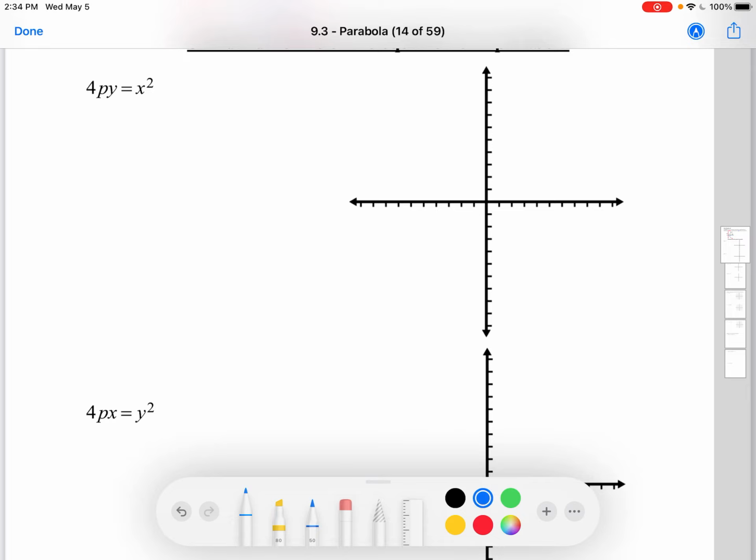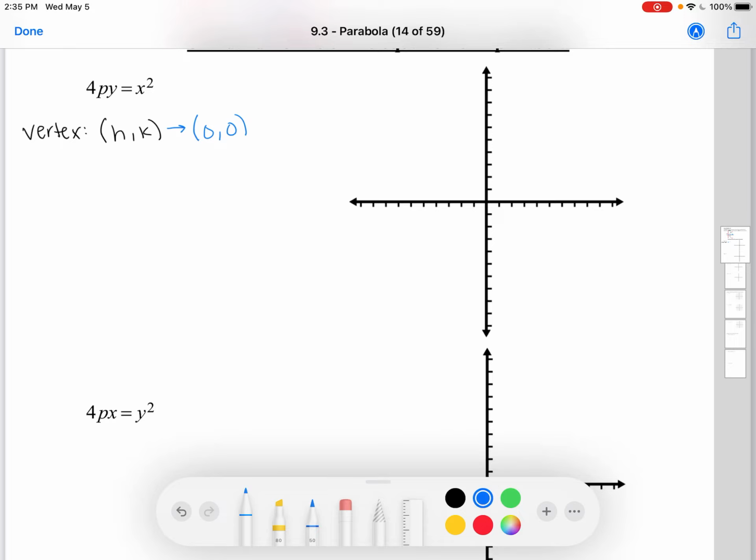So what we're going to do here is we're going to have a vertex for a parabola. That's a must, just like centers were a must for ellipses, hyperbolas, and circles. The vertex is always going to be (h, k). Right now on this page, we don't actually have an h and k, so we're just going to assume that it's (0, 0). So it's going to have a vertex at the center, at the origin.